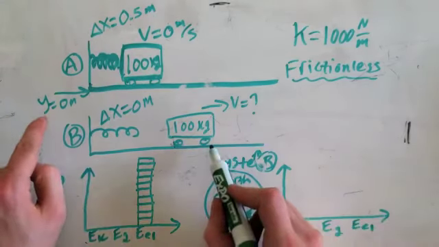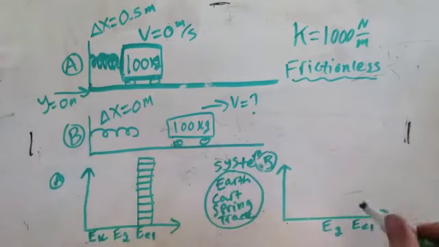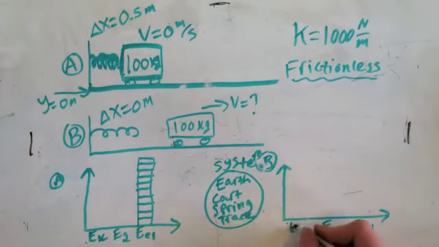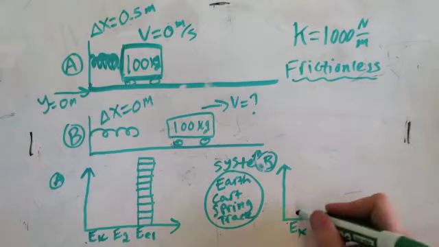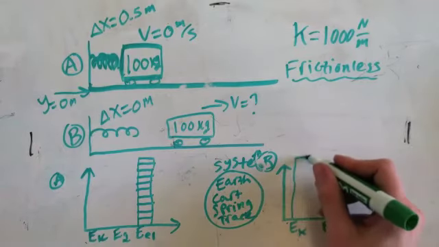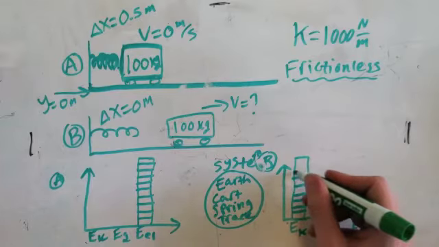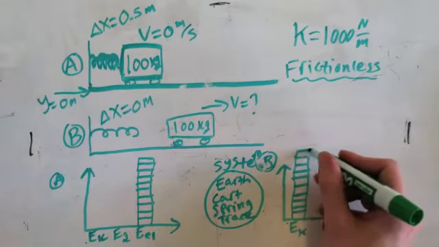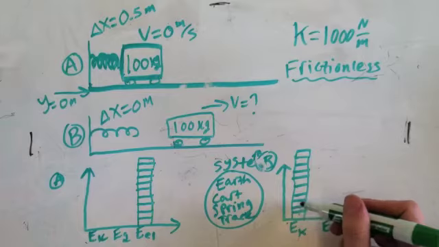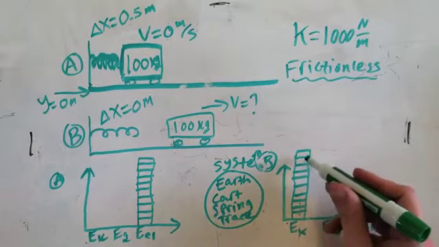The height of the cart hasn't changed from A to B, so this is still 0. And since it's frictionless, there's no dissipated energy, so all of my energy comes into kinetic.